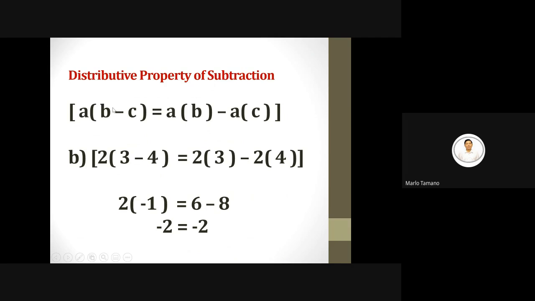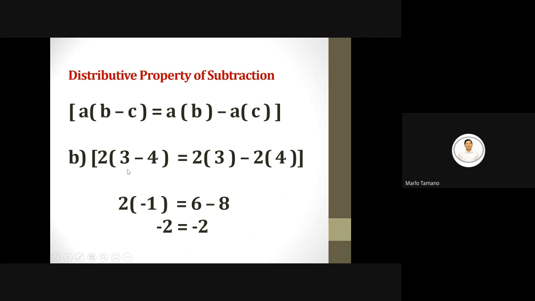So A times B is AB minus, then A times C is AC. Okay, so let's see. 2 times 3 is 2 times 3 at the right. Then 2 times 4 is, ito po yon.